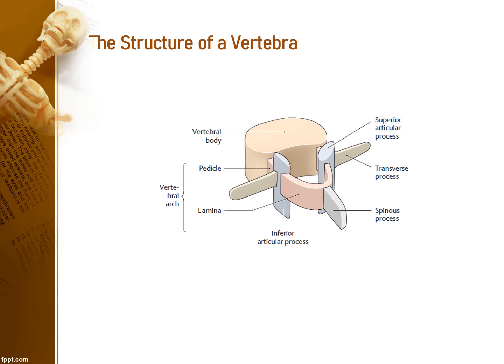What about the structure of a vertebra? A vertebra is a small bone formed by the body and arches, collectively forming the spinal column. Each vertebra is essential for maintaining posture and facilitating movement.